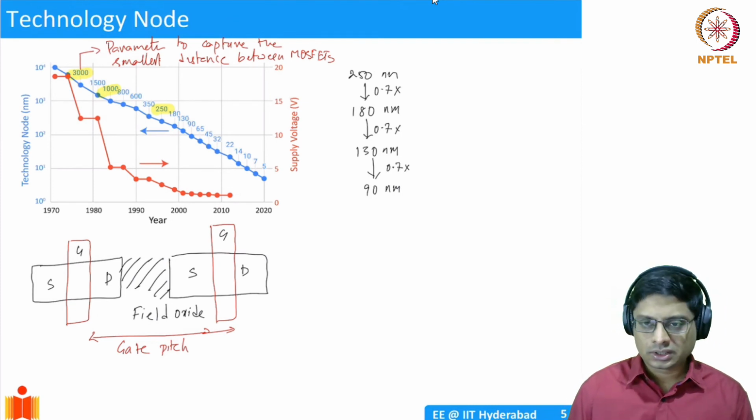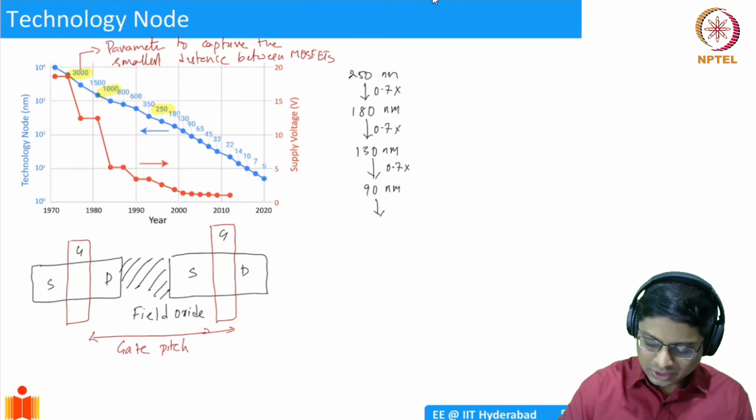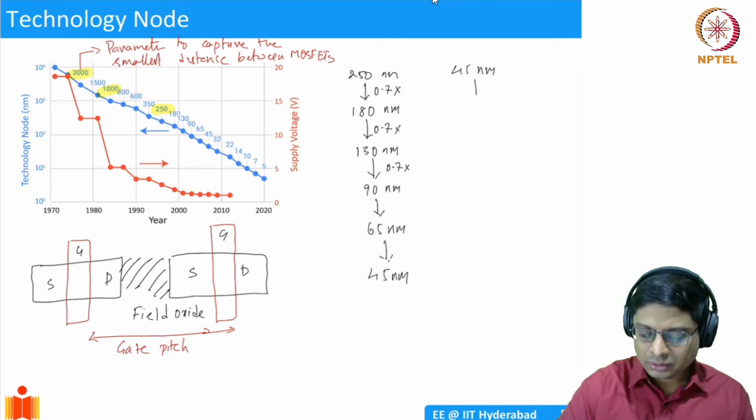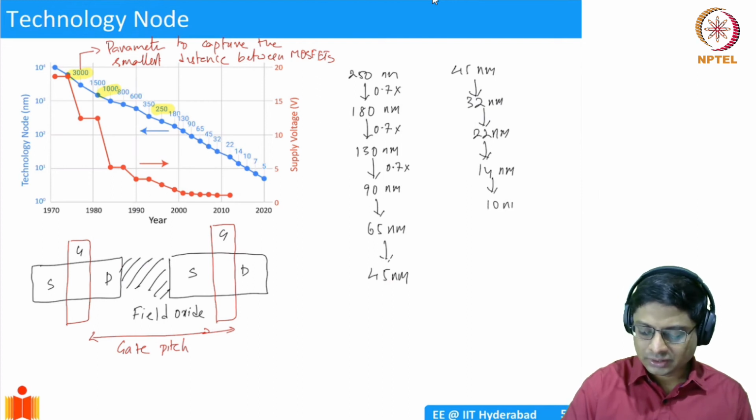After this, it was 65 nanometers, and then that led to 45 nanometers, and that would lead to 32 nanometers. 32 into 0.7 will be 22 nanometers, and then 14 nanometers. Then it will come to 10 nanometers, and then 7 nanometers, and then 5 nanometers.